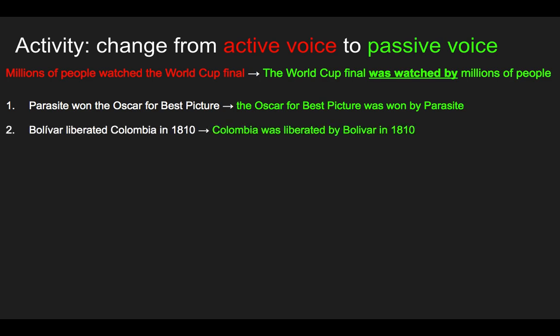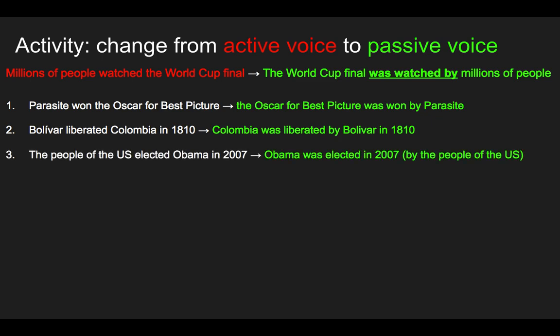Bolivar liberated Colombia in 1810. Colombia was liberated by Bolivar in 1810. Again, just swapping them round and using the passive voice. The people of the US elected Obama in 2007. Obama was elected in 2007 by the people of the US.